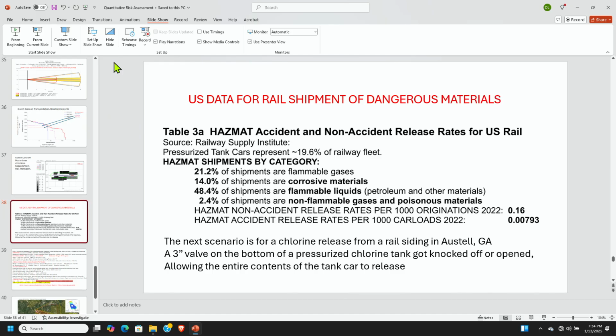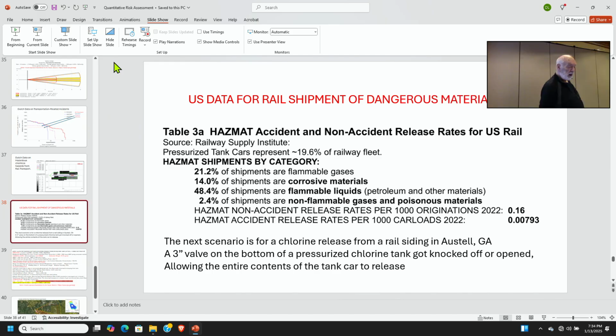And they have some statistics regarding hazmat non-accident release rates and then accident release rates. Accident release rates are much lower. But don't forget, we have a huge volume. This is the entire U.S. fleet. And how many thousands of shipments of tank cars are available out there? East Palestine was just one.